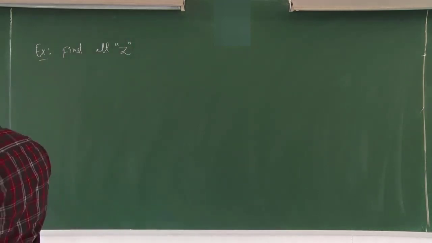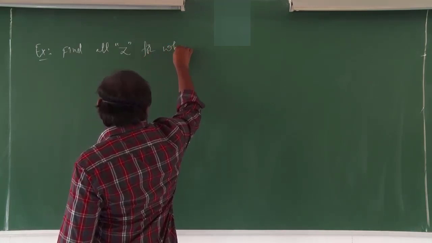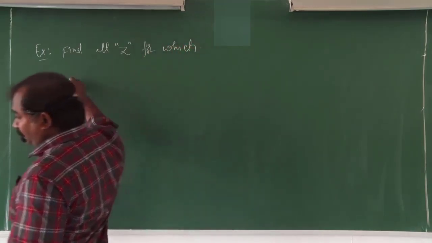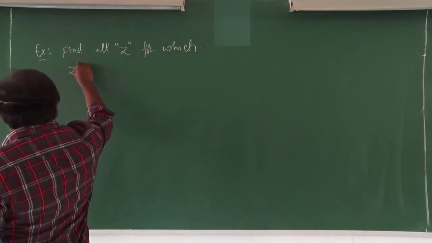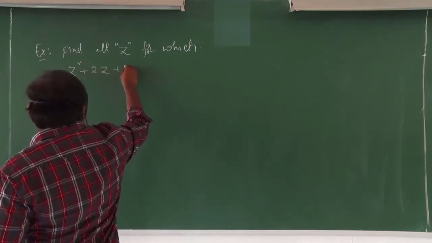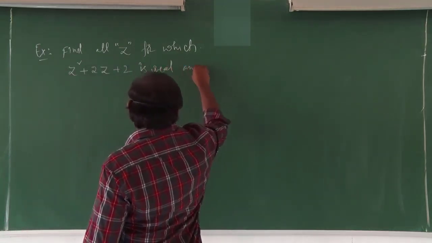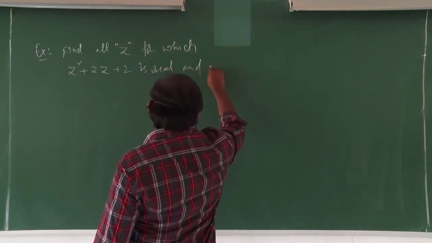Find all z for which z square plus 2z plus 2 is real and positive.